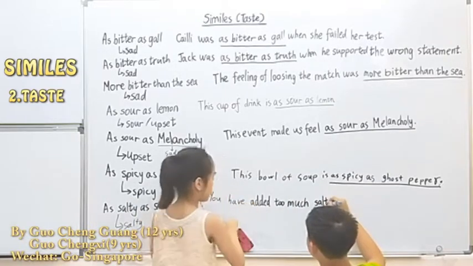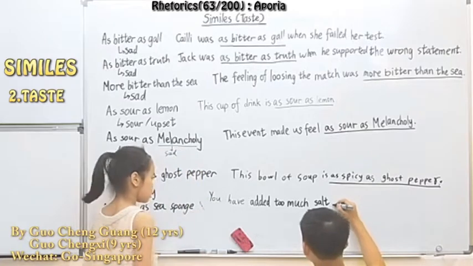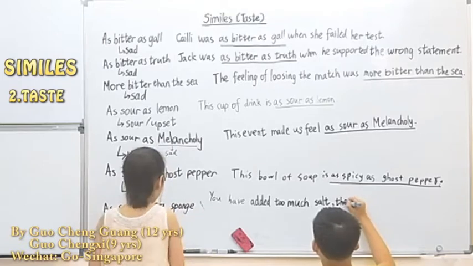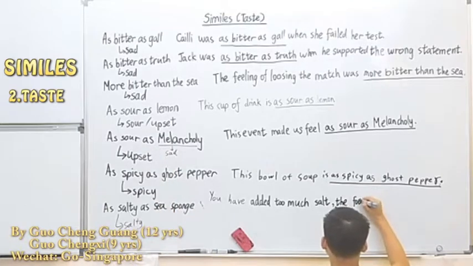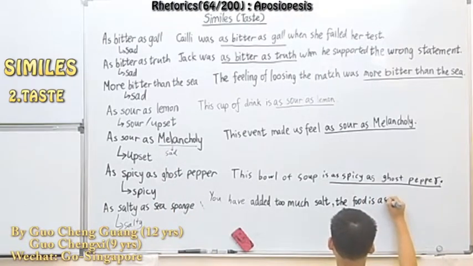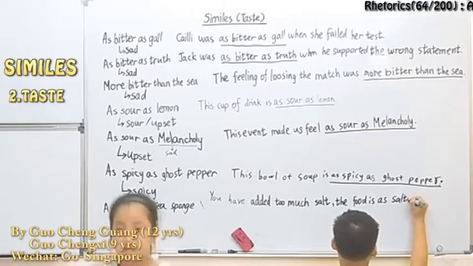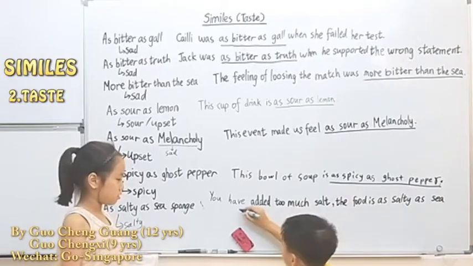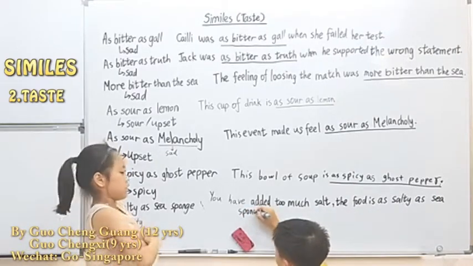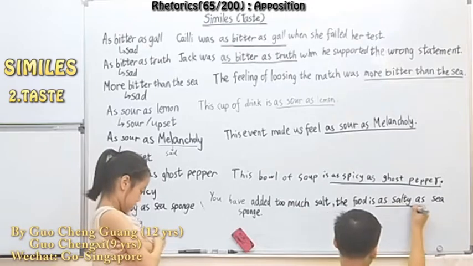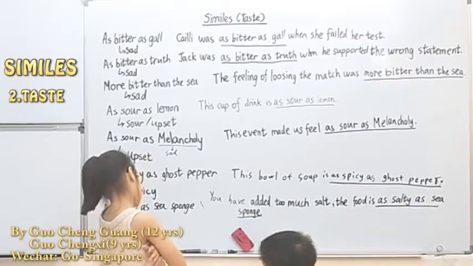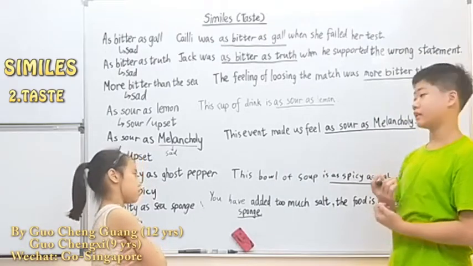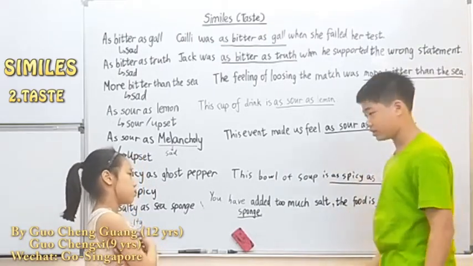You have added too much salt. Now it is as salty as sea sponge. Okay, like this. So it's just representing something that is very salty, right?